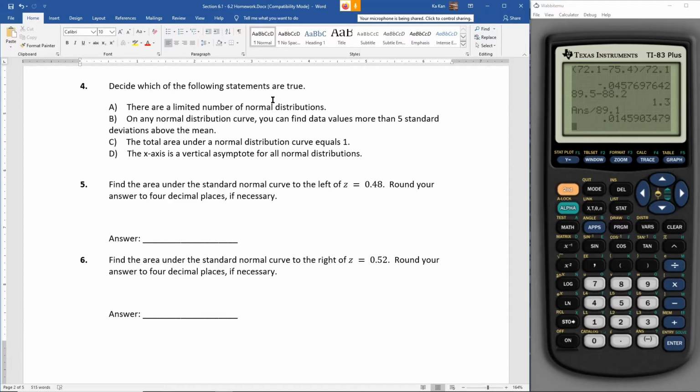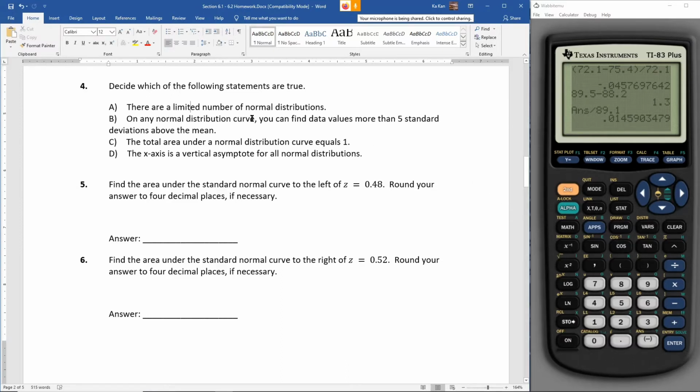You can think about it this way. There are a limited number of normal distributions. I would say no to this because a normal distribution can have any mean. Your mean could be 25, it could be 20. Your standard deviation could be different, so that can change. The only one that's unique is the standard normal distribution.